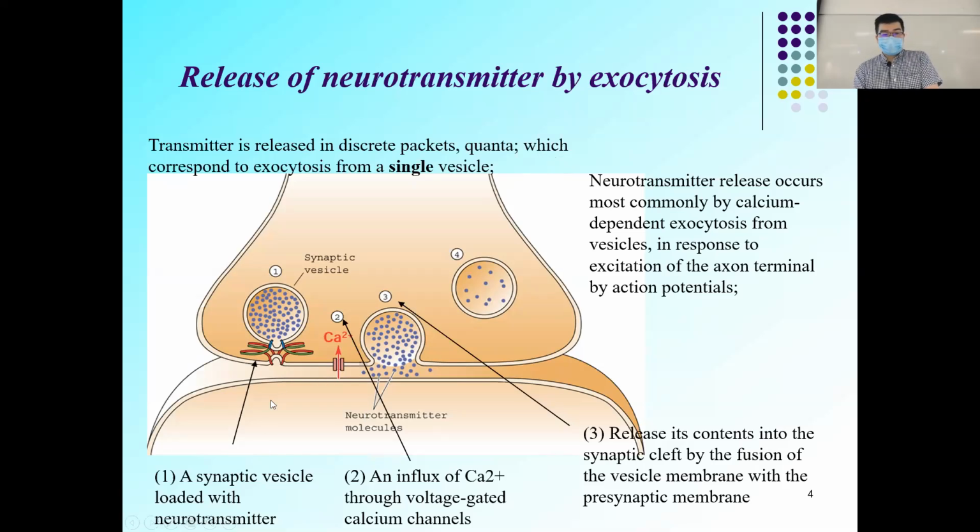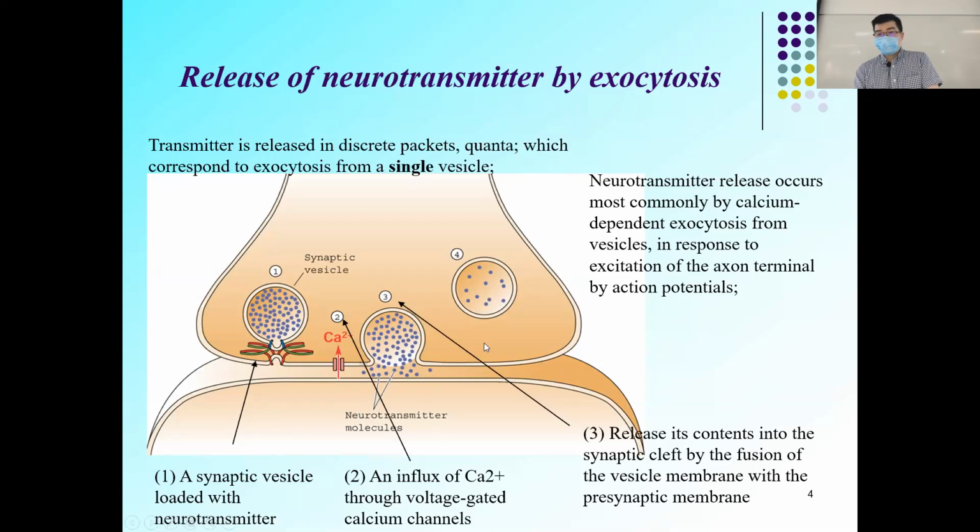Now, imagine the synaptic vesicle is stored and loaded with neurotransmitters. When the action potential arrives at the voltage-gated calcium channels, they open up, calcium rushes in, and that triggers the release of the neurotransmitters.